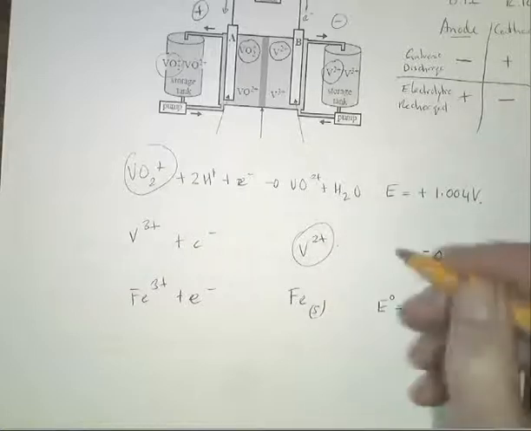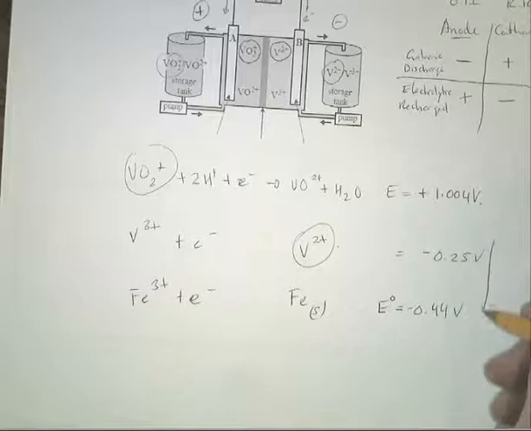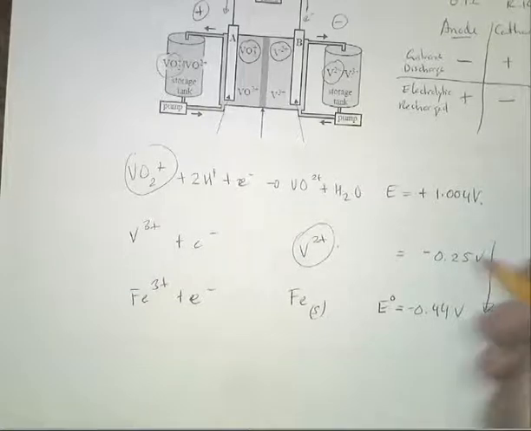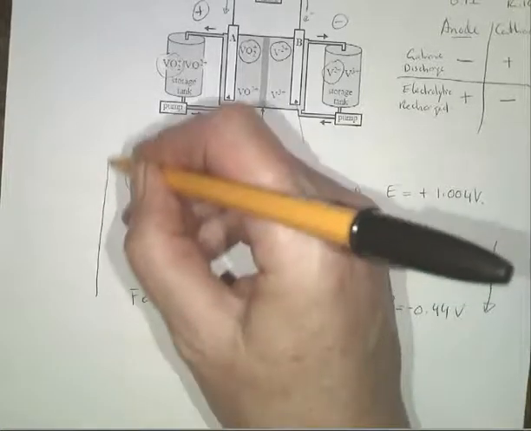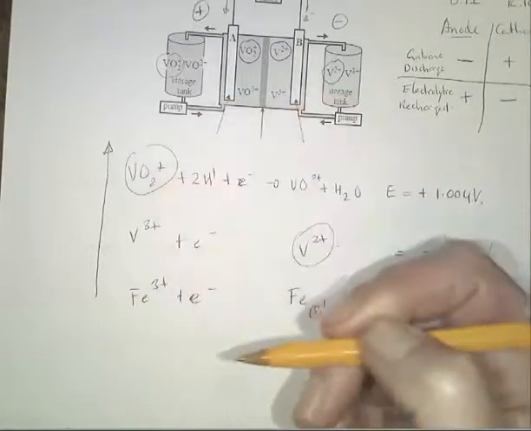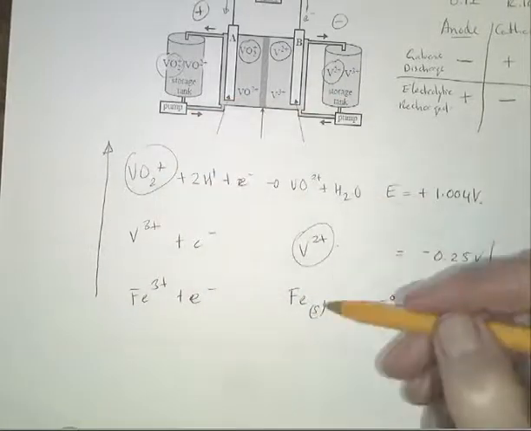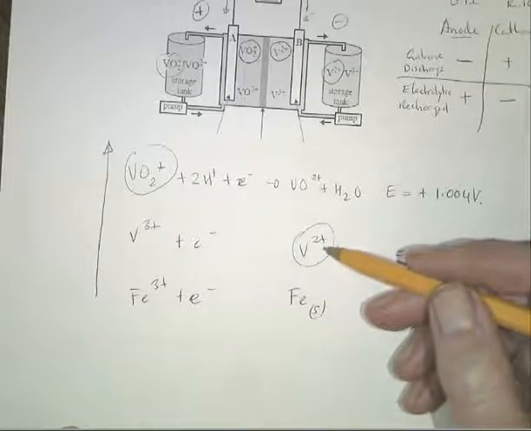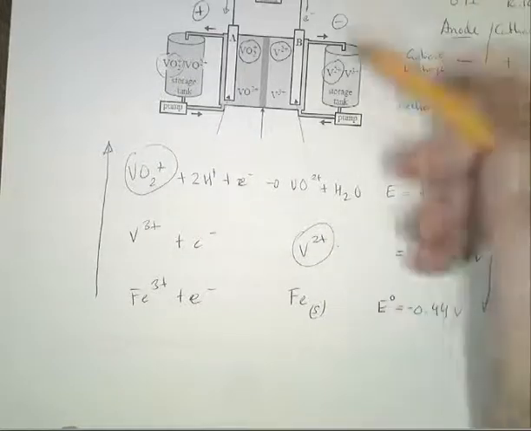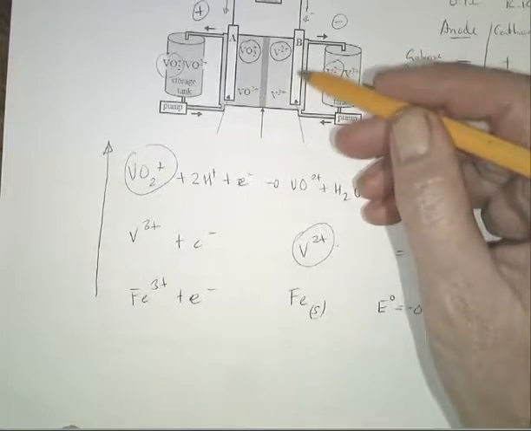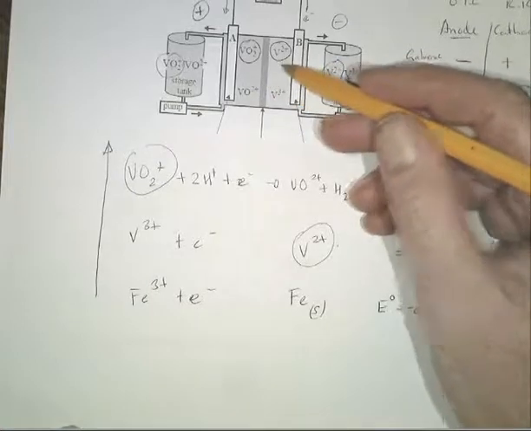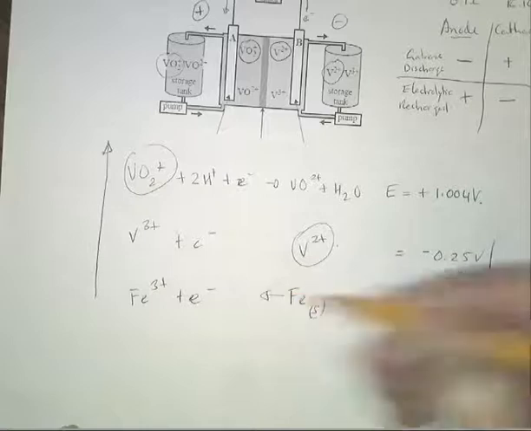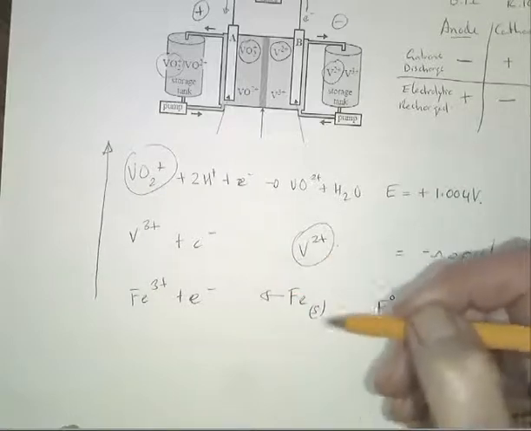Anything below is a stronger reducing agent. As far up as you go here, it's the strongest oxidizing agent. So iron is a stronger reducing agent than the vanadium 2 plus. So the iron in here would lose the electrons rather than this. So the iron would undergo oxidation rather than that one.